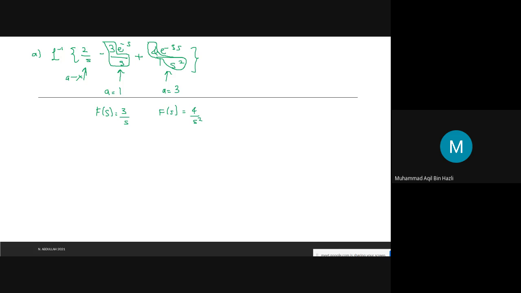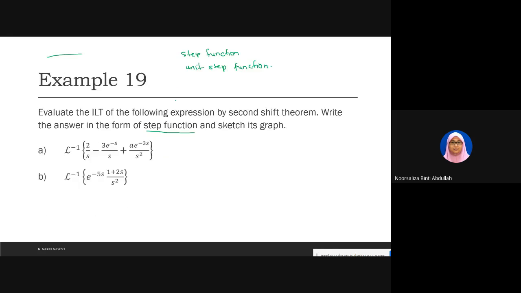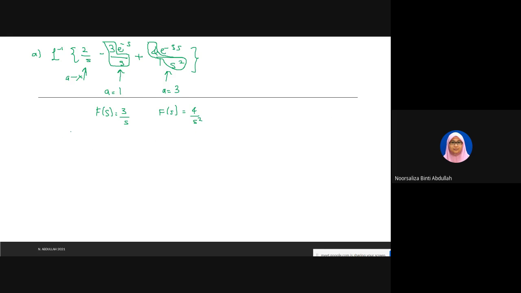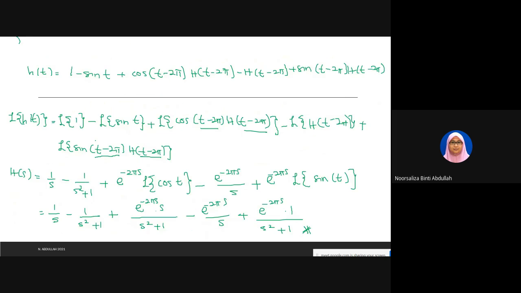Okay, now next step is you have to find f(t) from this F(s) that you got from the second step. So from here you get its inverse. So f(t) equals to, this one you have to refer to the table.